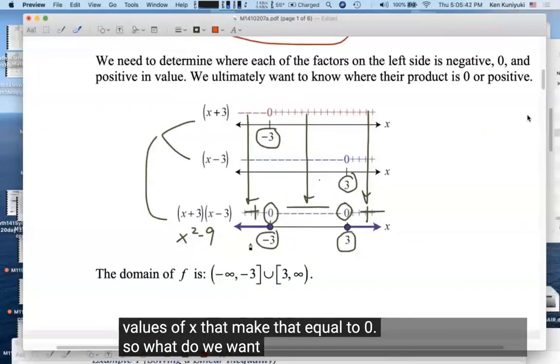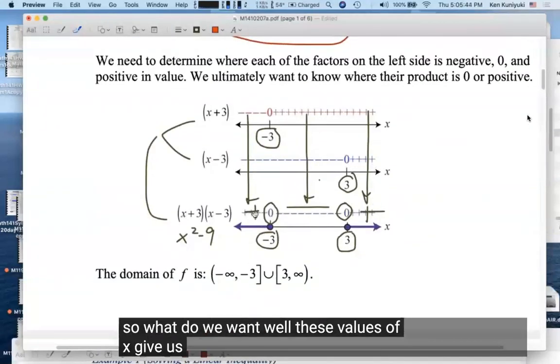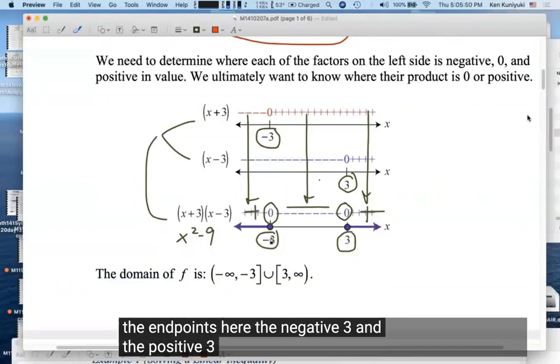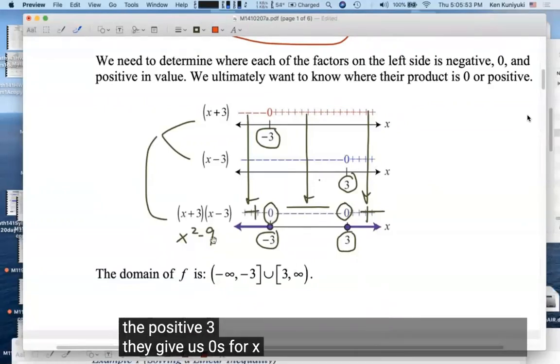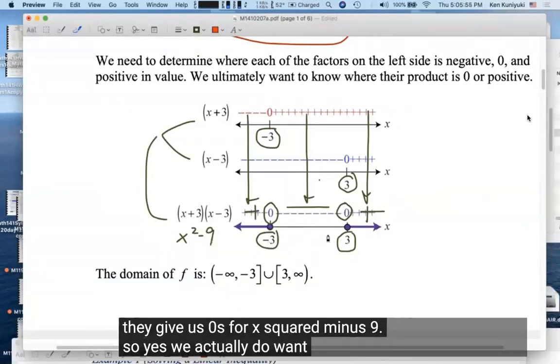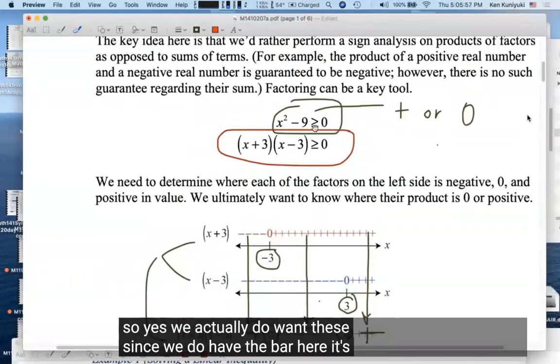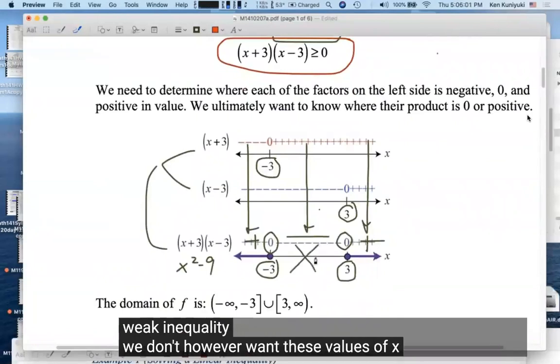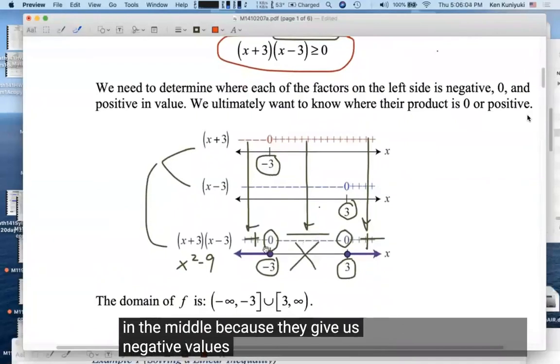These values of x give us a positive value for x squared minus 9. The endpoints here, negative 3 and positive 3, give us zeros for x squared minus 9. So yes, we actually do want these since we do have the bar here. It's a weak inequality. We don't, however, want these values of x in the middle because they give us negative values for x squared minus 9.